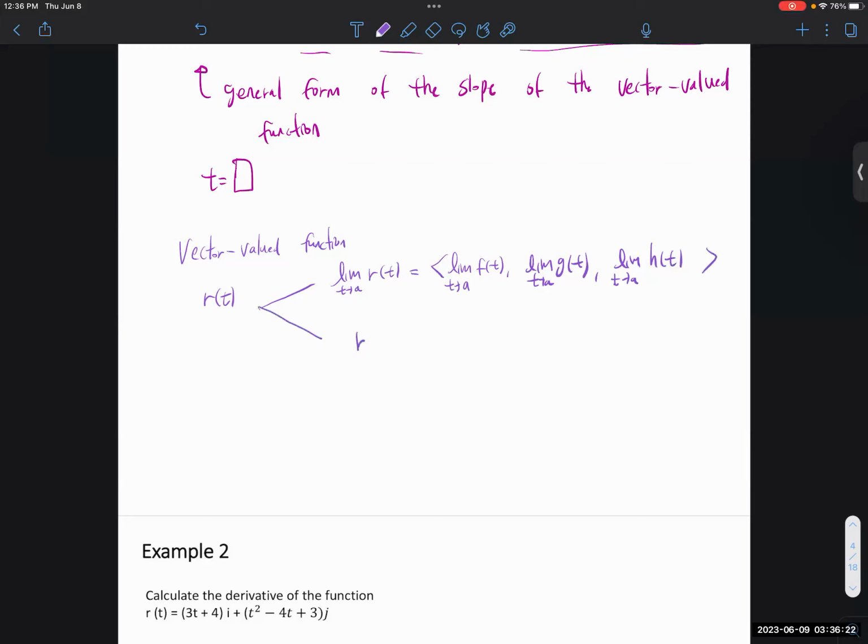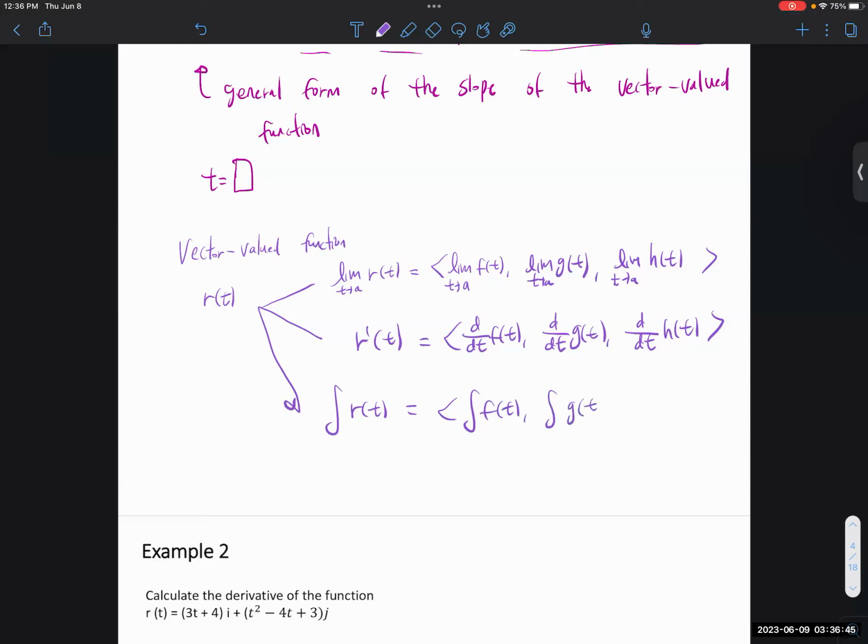You can take the derivative: d over dt of the f function, d over dt of the g function, d over dt of the h function. And I'm going to show you later, you can also take the integral of each function. That's what we're going to do here today. Since this is a function, you can take the limit, the derivative, and the integral. So I showed you two so far.